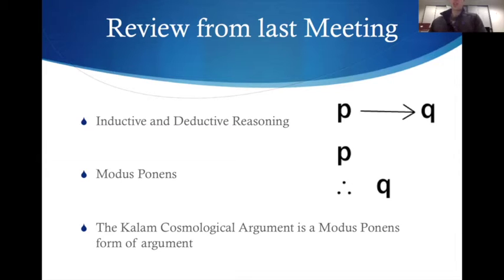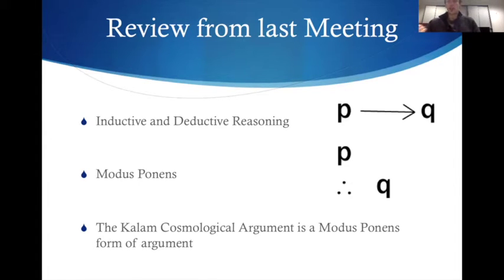Now, as you may have guessed, deductive reasoning is different in that the conclusion necessarily follows from the premises. So that would be something like: if Socrates is a man, then Socrates is mortal. Socrates is a man, therefore Socrates is mortal. In this type of argument, if I accept the first two premises, then I must also accept the conclusion.